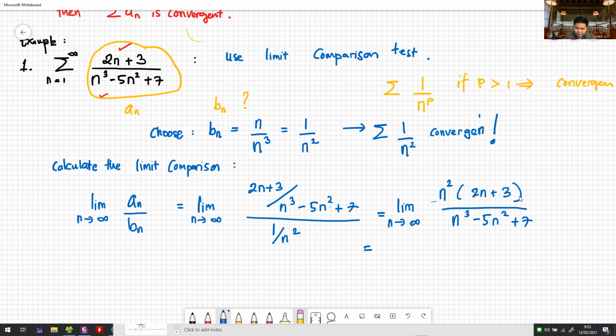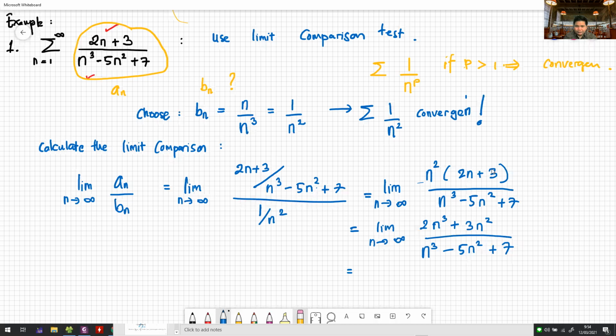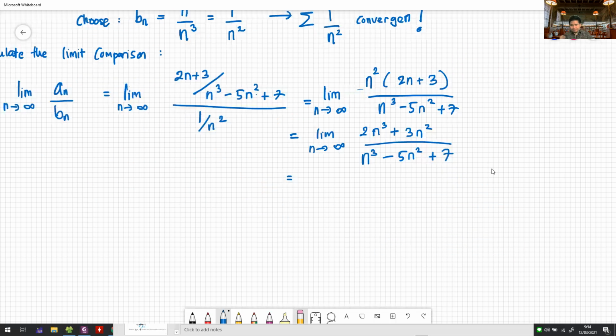I will make it simpler. Limit n goes to infinity, 2n to the power of 3 plus 3n square divided by n to the power of 3 minus 5n square plus 7. Now you know it. Kira-kira limitnya berapa ini? I do not have to repeat it again.